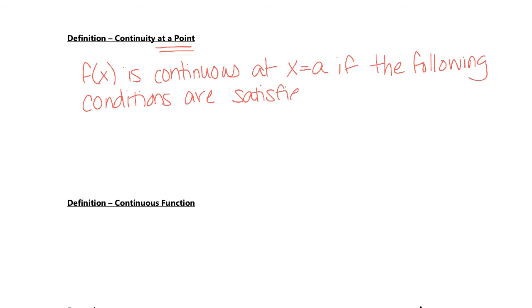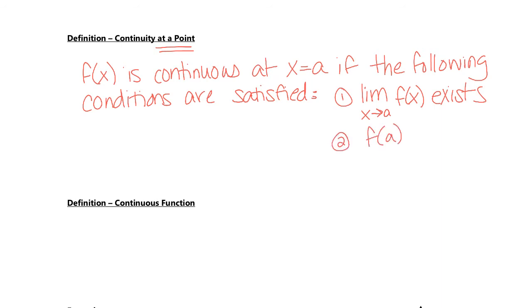And as I mentioned before, there are three things. One, the limit as x approaches a for our function f at x exists. Two, the function at a must exist. Okay, so there's not a hole or anything like that. And three, that limit as x approaches a of our function is equal to our function evaluated at a.